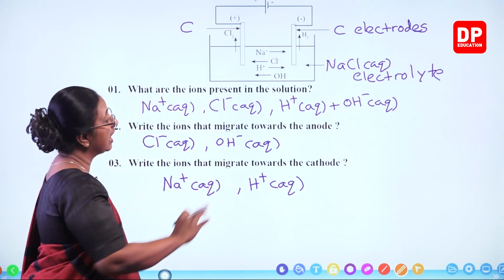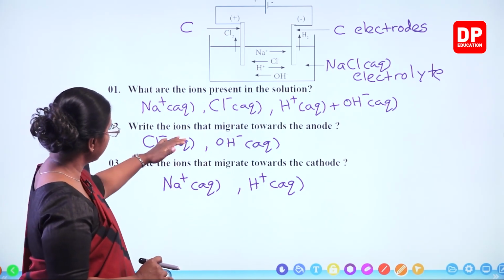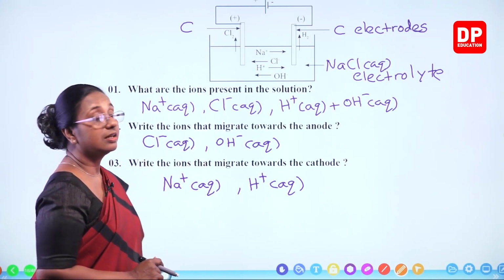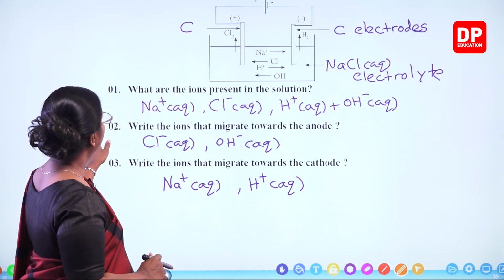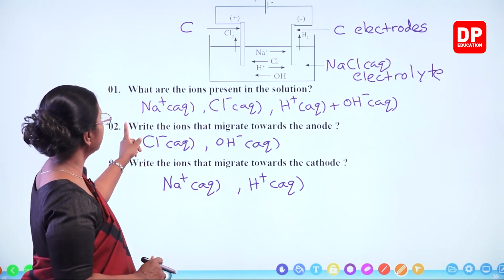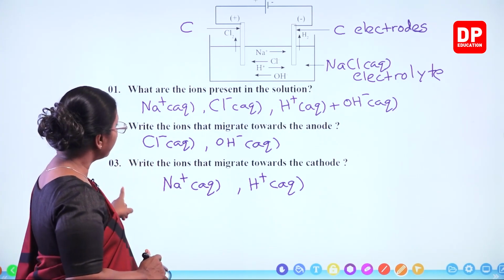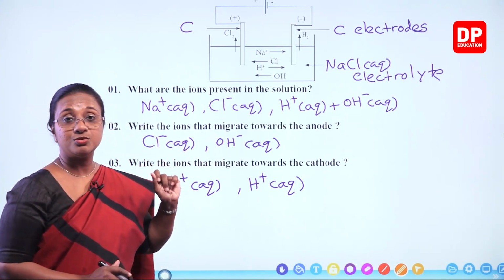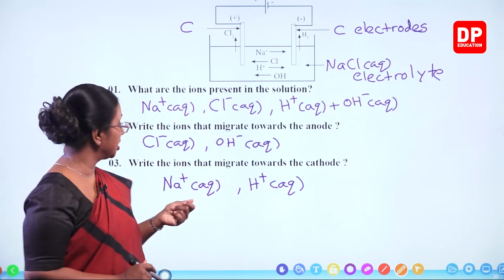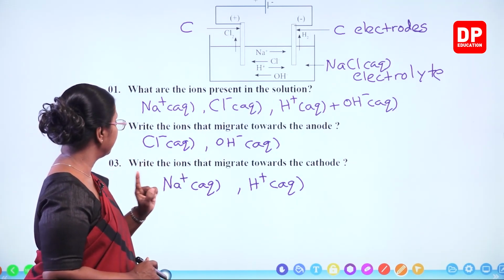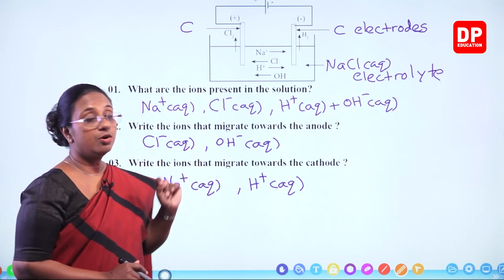Although the ions are shown in the diagram, you have to select and write the correct ions. All the ions present in the solution are Na+, Cl-, H+ and OH-. Out of those, the ions that migrate towards the anode, where the oxidation takes place, are the negative ions, Cl- and OH-.